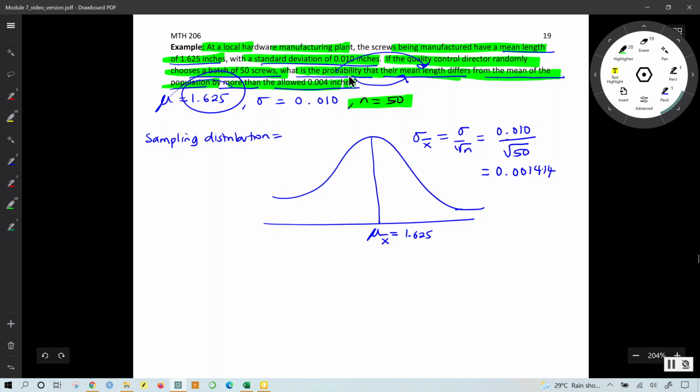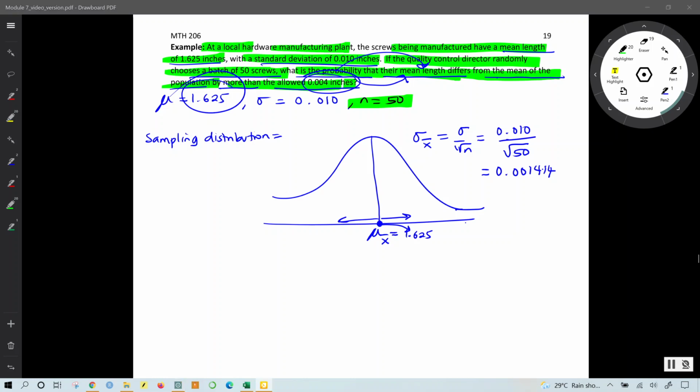Okay, so now that we have the sampling distribution of the sample mean, I can focus on the import of this question. I'm interested in the probability that the mean length differs from the mean of the population by more than 0.004 inches. What I will do is, from 1.625, which is right here, measure 0.004 inches to the left and to the right.